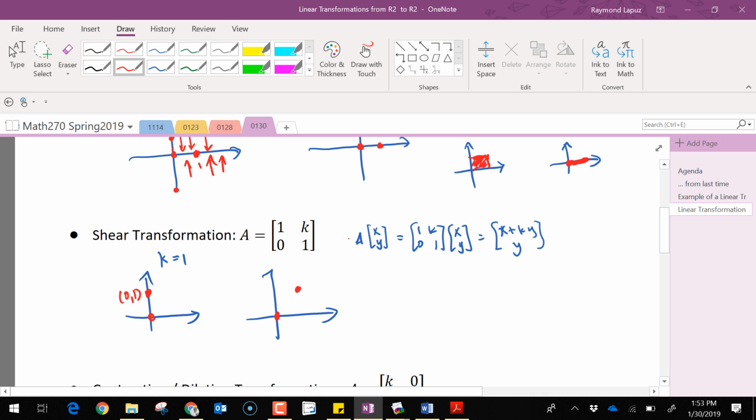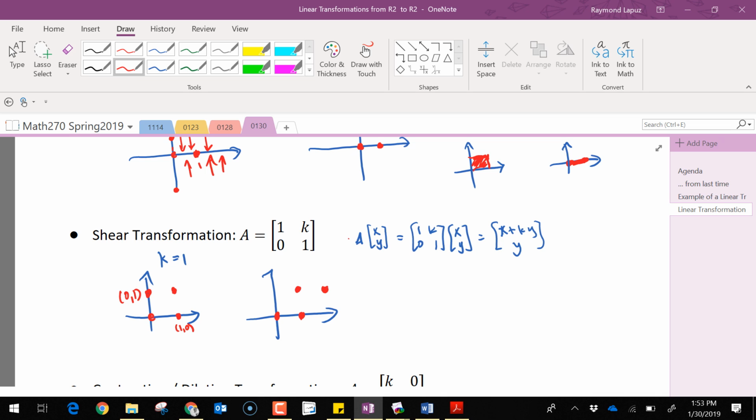Let's put this point 1, 0. Where's 1, 0 go? It stays at 1, 0, right? And then where's the point 1, 1 go? 2, 1. So another neat thing about linear transformations is that it maps lines into lines, it maps parallelograms into parallelograms.